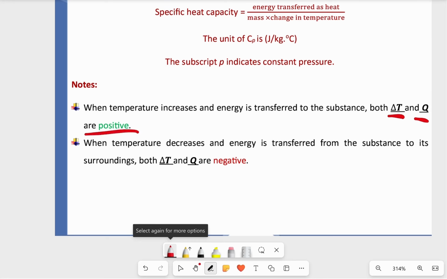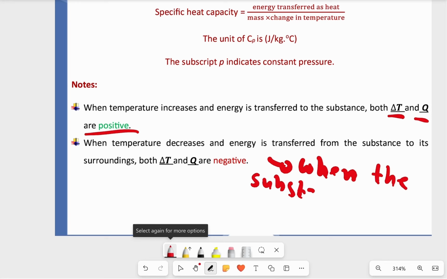And if the temperature of the object decreases and energy is transferred from the substance to the surroundings, or you can say when the substance loses heat, both delta T and Q are going to be negative.